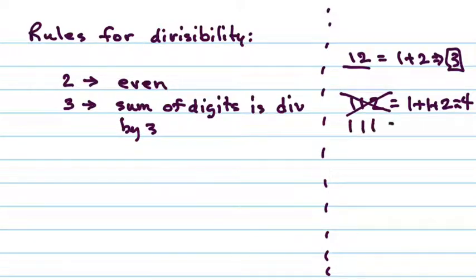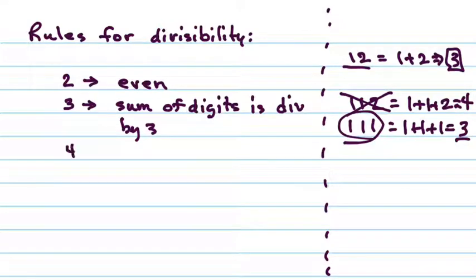But 111: 1 plus 1 plus 1 equals 3. 3 divides by 3, so that tells me that 111 will too. Now, it doesn't do the division for you, but it does tell you if a number will indeed divide by 3. Okay? How does that look?